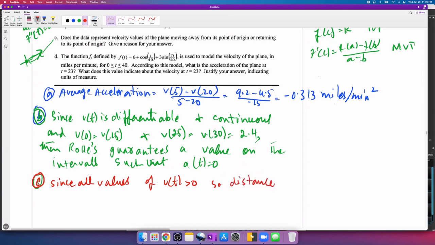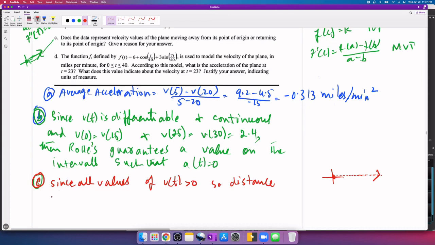That's what the question in part C asked: is the velocity of the plane moving away from its point of origin or returning to its point of origin? It's moving away because it's increasing. And if it's greater than 0, then it's going in this direction, right? So it's increasing, it's moving away from the origin.